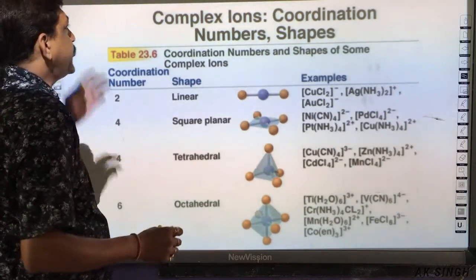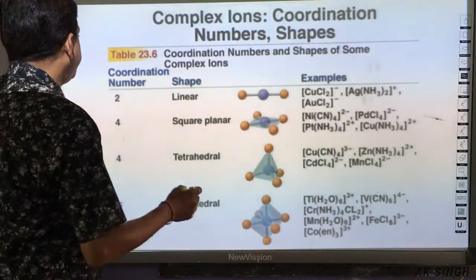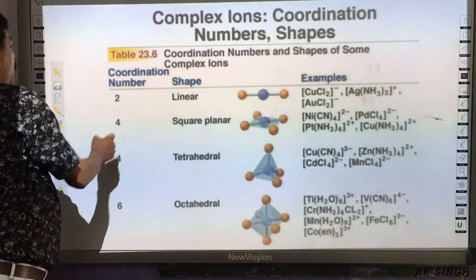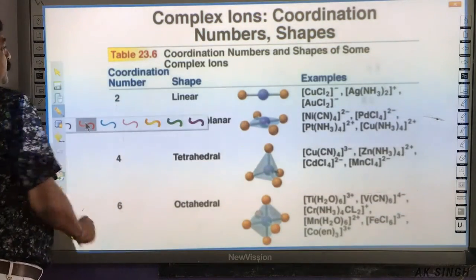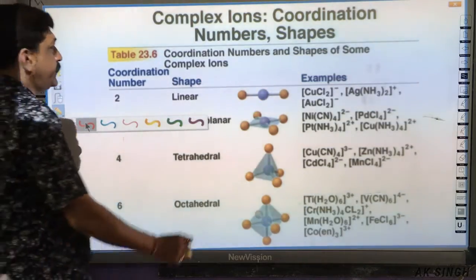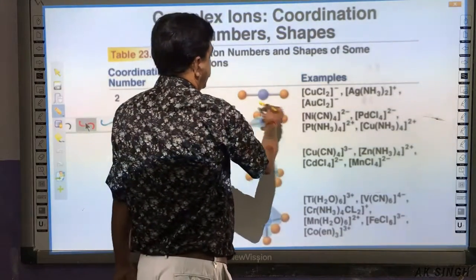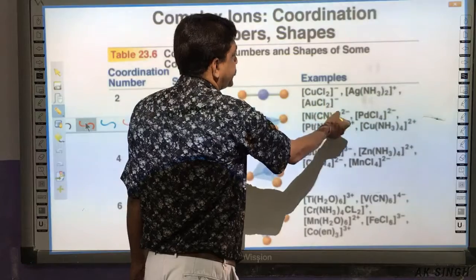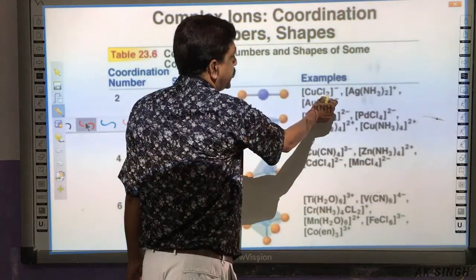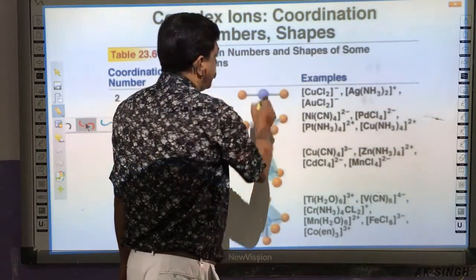These are the complex ions and their shapes. When the coordination number is 2, we have a linear shape. These are a few examples, such as CuCl2: 2 Cl and the copper.